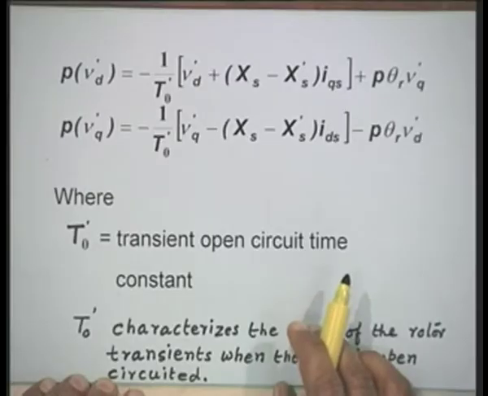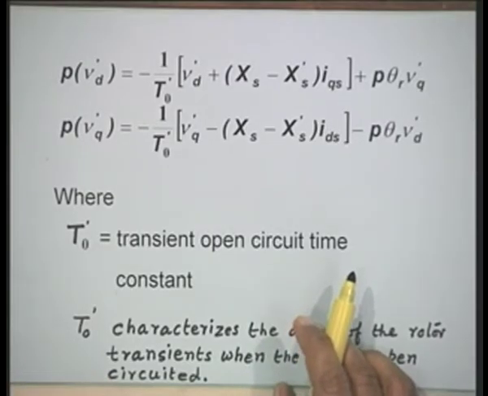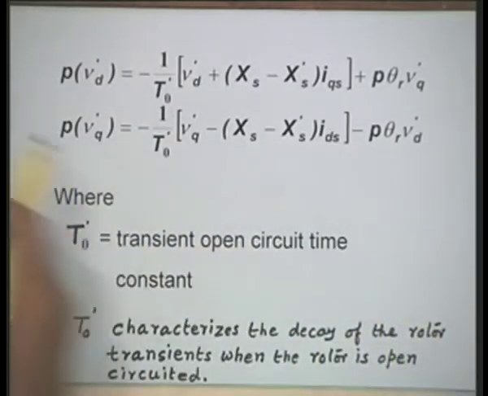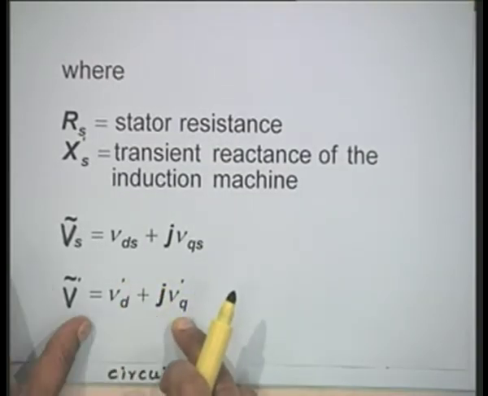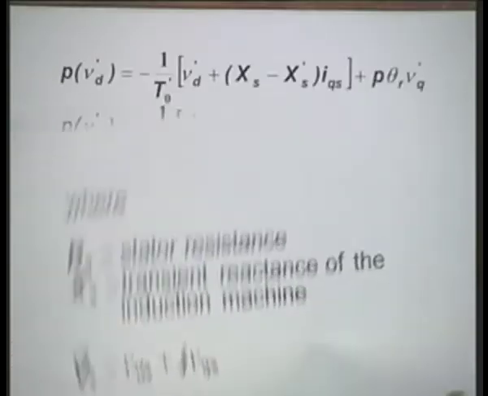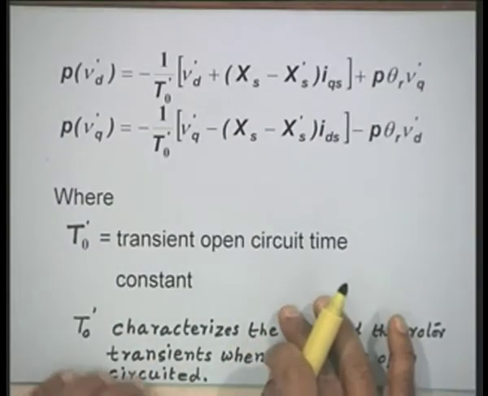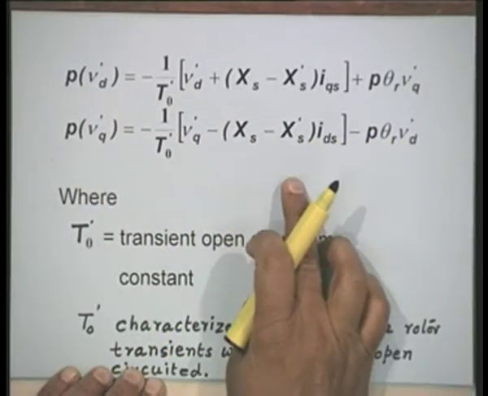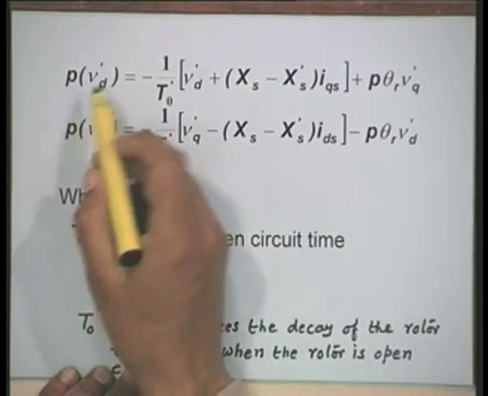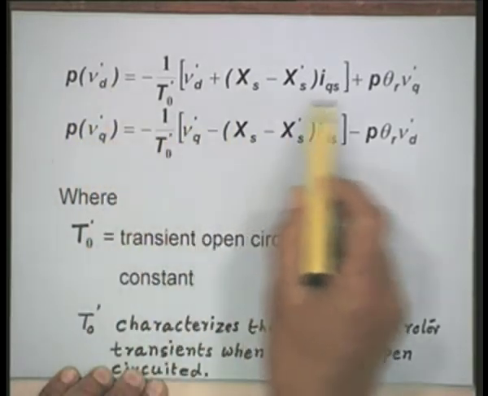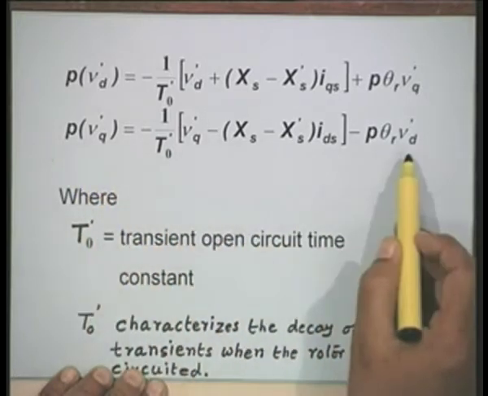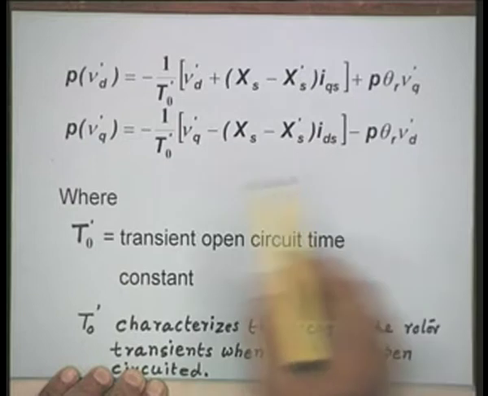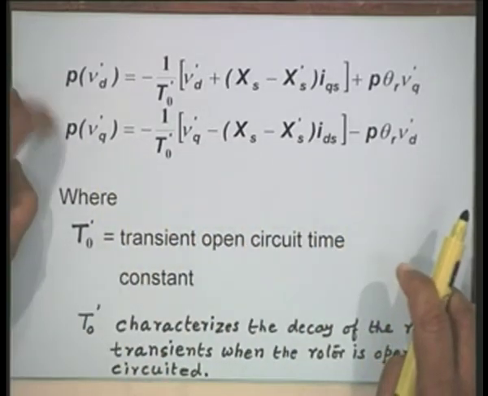The two components of this voltage V prime, Vd prime and Vq prime, are obtained from two differential equations: p Vd prime is given by this equation and p Vq prime is given by this equation. In fact, these equations represent the rotor dynamics.